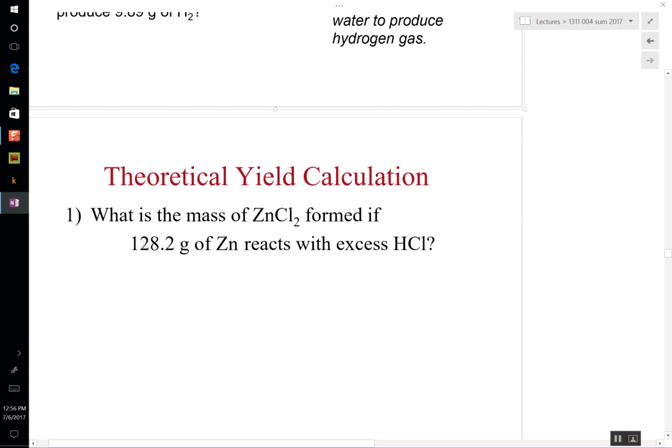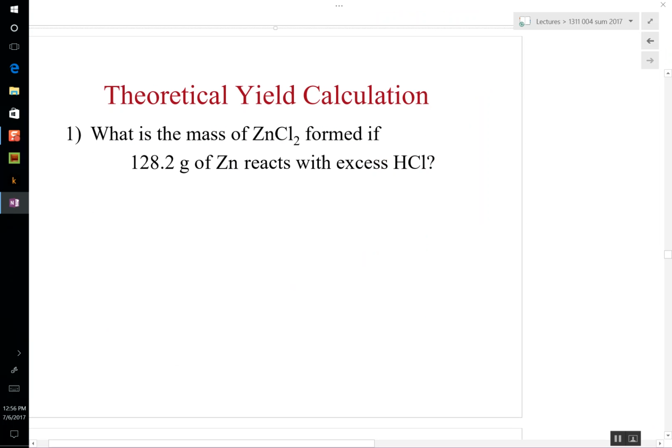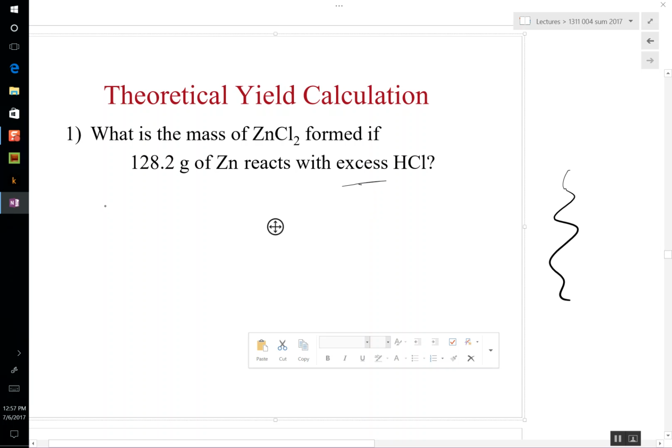Yeah, so here's theoretical yield calculations. What is the mass of zinc chloride formed if 128.2 grams of zinc reacts with excess hydrochloric acid? All right, here's where you're seeing this term come up, excess. And you're not even being given an equation.